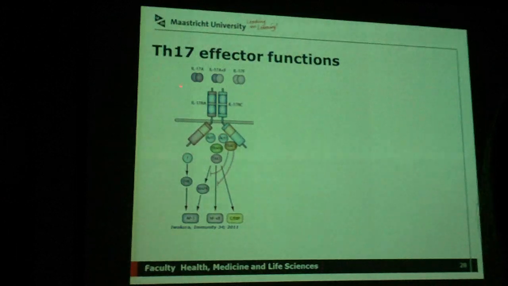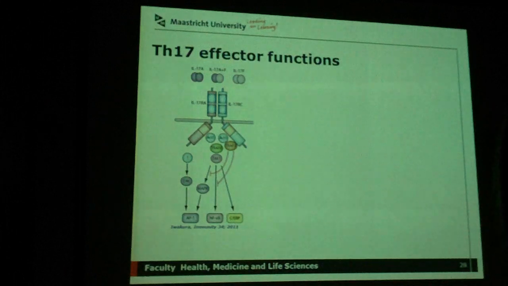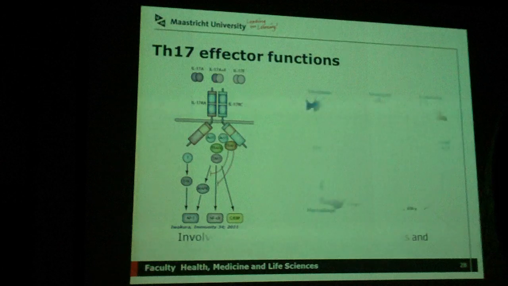When these molecules bind to their receptor, this leads to an intracellular signaling cascade resulting in activation of transcription factors, amongst others NF-kappa B, which is a really pro-inflammatory transcription factor.